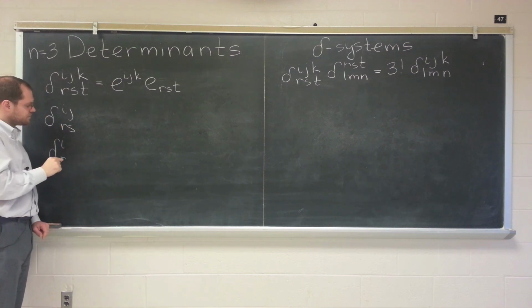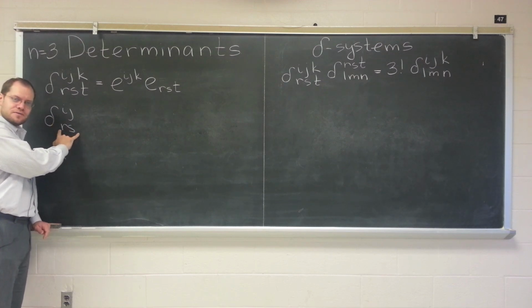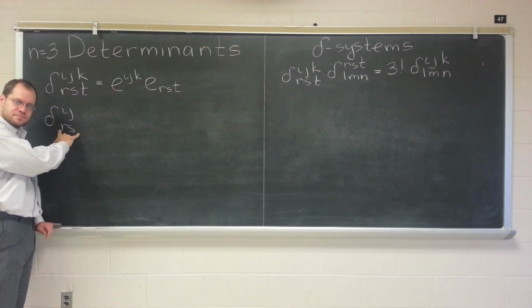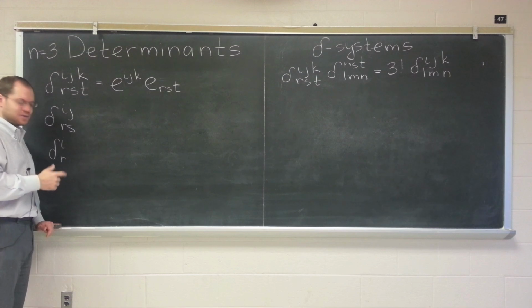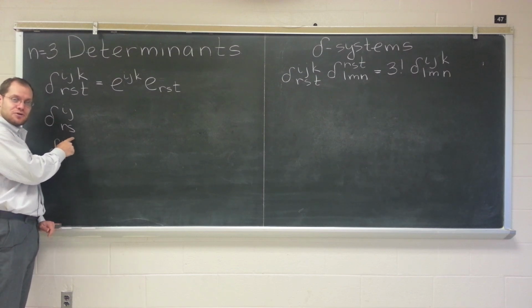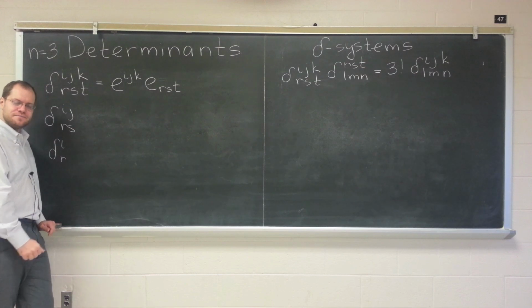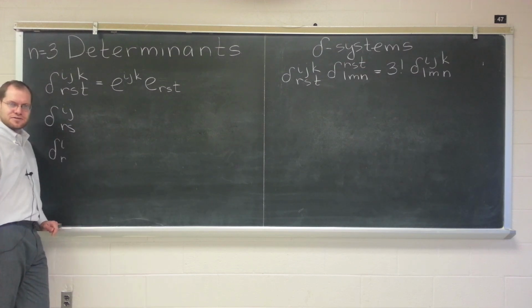It's 1 when the top set of indices and the bottom set of indices are both permutations. They're both permutations of the same numbers. And it's 1 if the permutations are either both even or both odd. It's -1 if all of the same conditions hold, except one permutation is even and the other one is odd. And finally, it's 0 under all other circumstances.